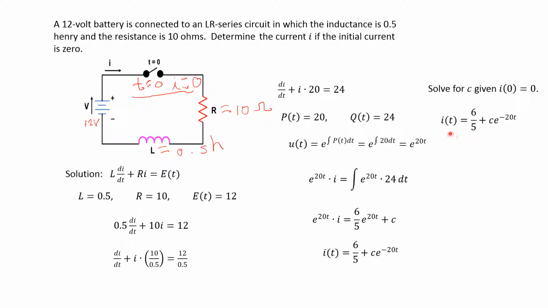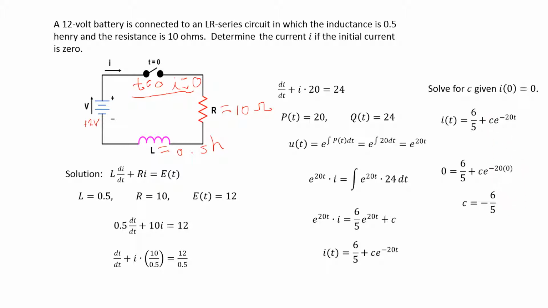Here i of t is 6 over 5 plus c e to the negative 20t, and substitute 0 is equal to 6 over 5 plus c e to the negative 20 times 0, and you can get the value of c. The value of c is negative 6 over 5. Plug it in the original equation.